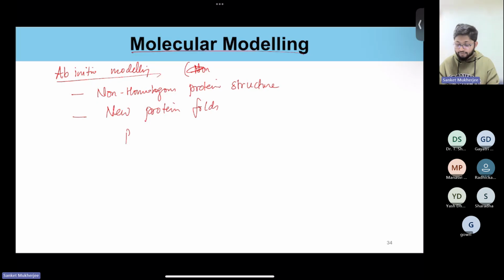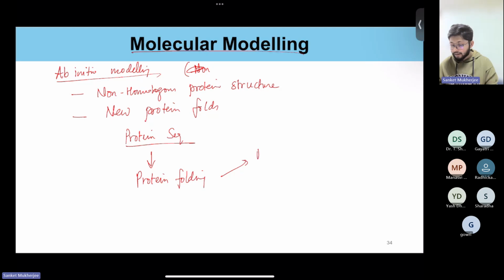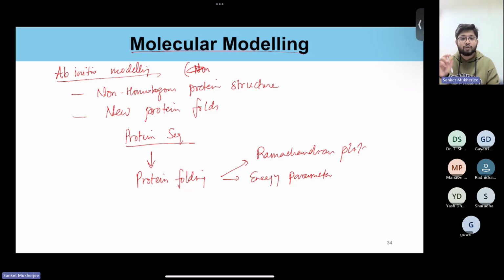How to perform it? You have a protein sequence. Then you will see the protein folding and verify it using, let's say, the Ramachandran plot. You will check the energy parameters: what are the energies of the conformation with those bond angles?